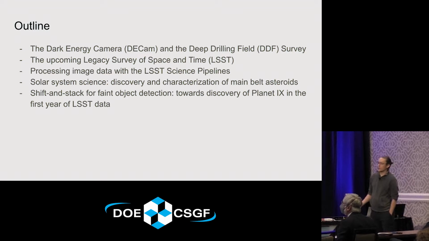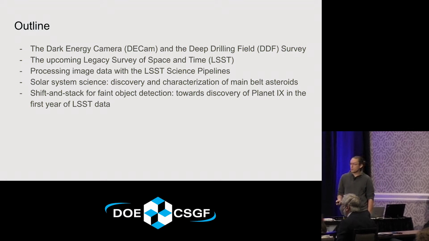First I'll be talking about what is the Dark Energy Camera, and additionally what is this Deep Drilling Field Survey. Second, I'll be talking about how this survey and this camera are a precursor to an upcoming survey called the Legacy Survey of Space and Time, which is going to be the next generation of astronomy sky surveys.